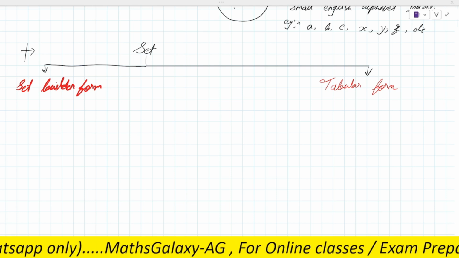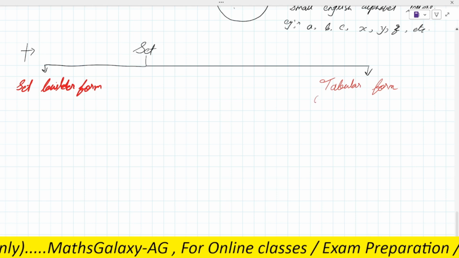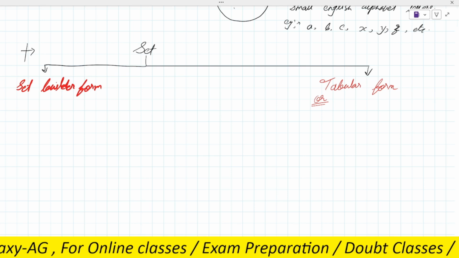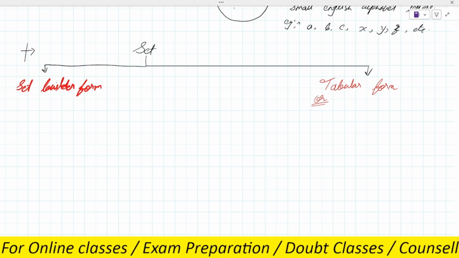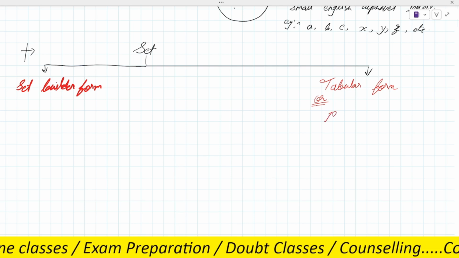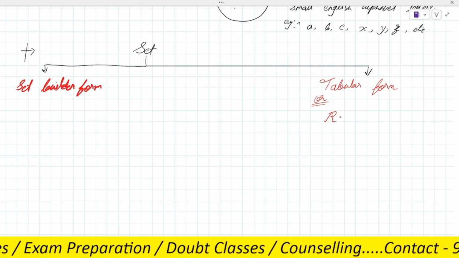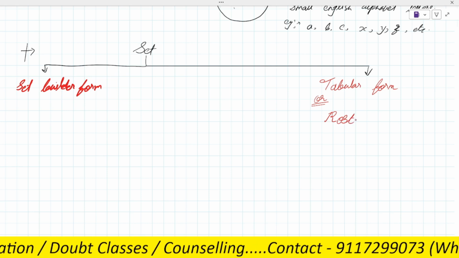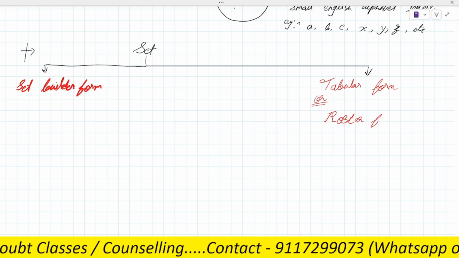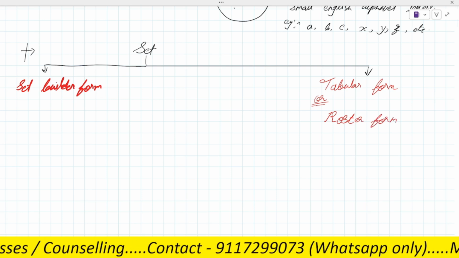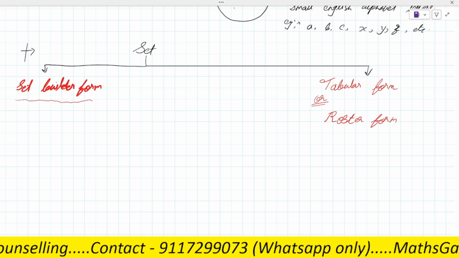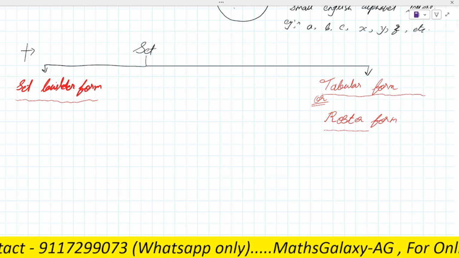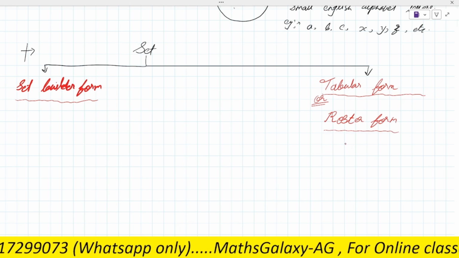This tabular form is also known by one more name, that is roster form. Yes, very good. So a set can be written in two different forms: set builder form, and tabular or roster form. Is it clear? Or any doubt?